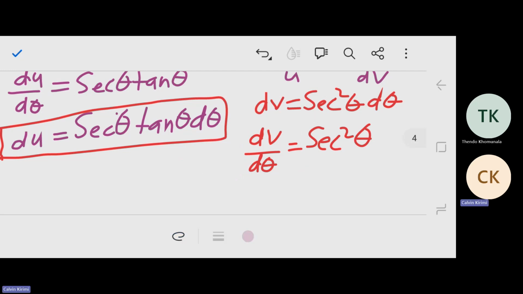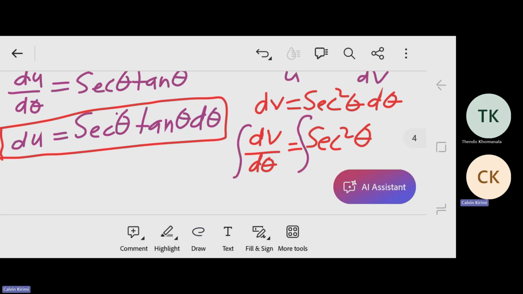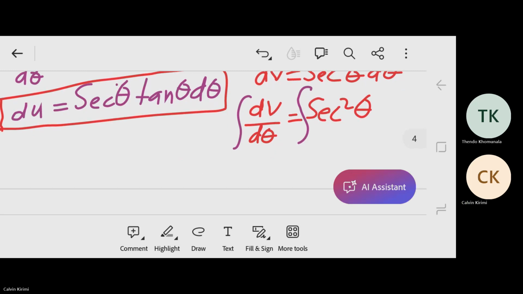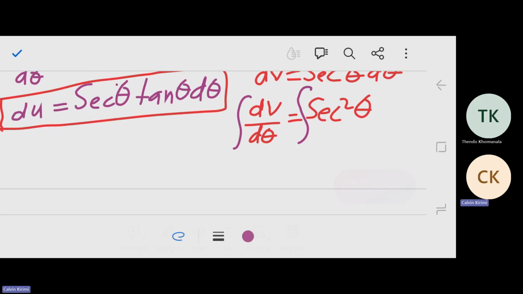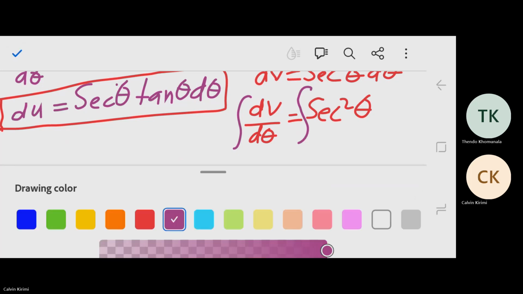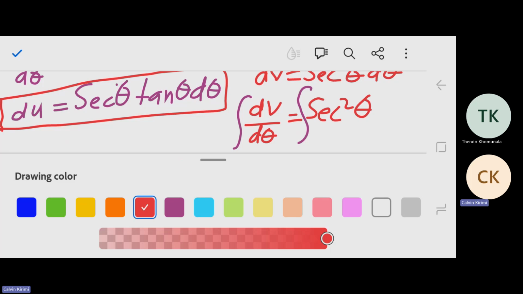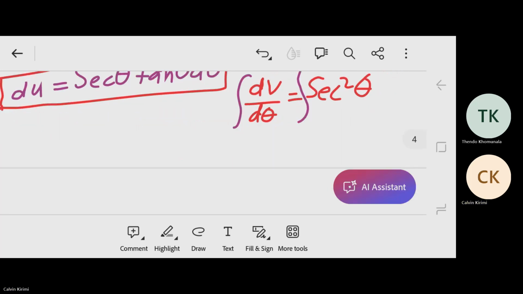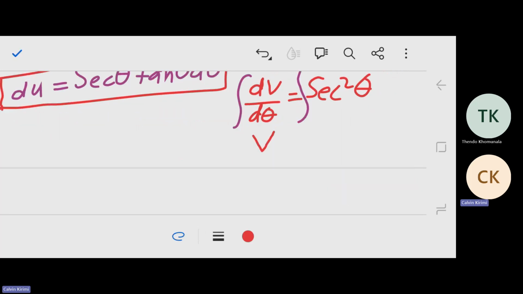In such a way that we are going to get v is the integral. So v, when we differentiate it, we get secant squared theta. We differentiate tan theta, and we get secant squared, so that is our v.